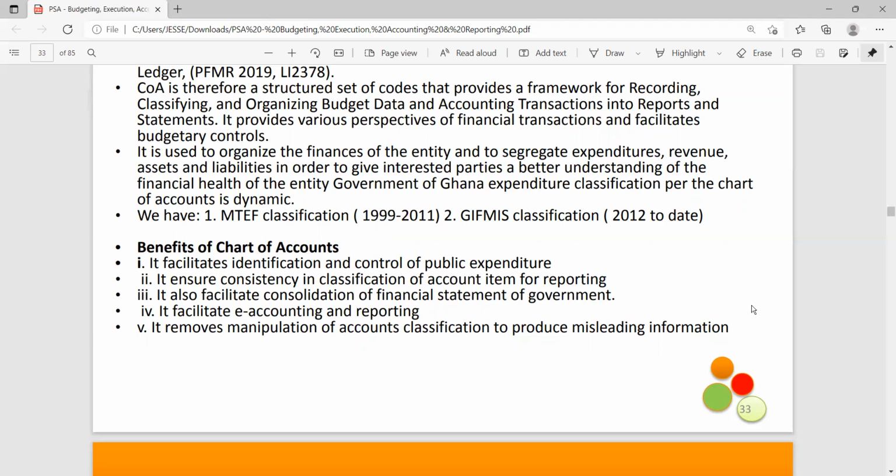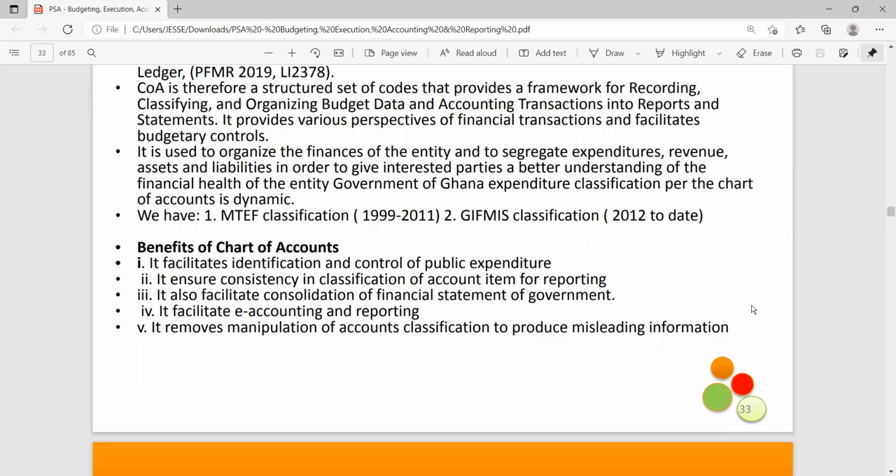Two key words here, identification and control. So it helps us to identify public expenditure and helps us to control it. You cannot control what you have not identified, basically. So the chart of accounts provides these sets of codes that help to identify and then control public expenditure.